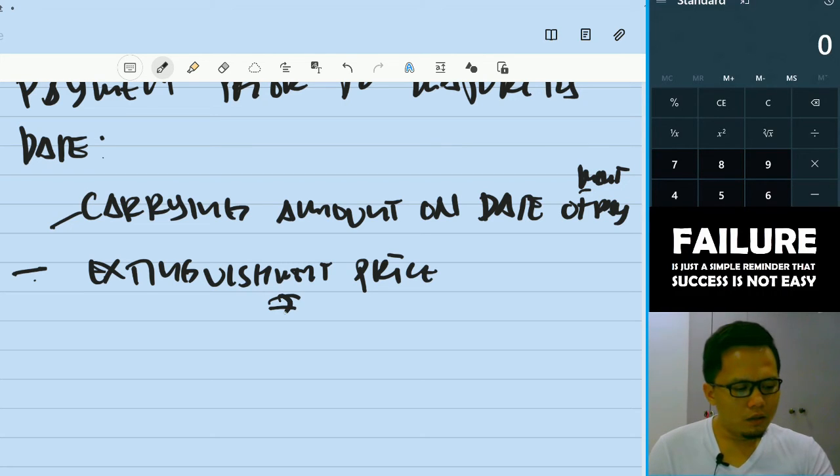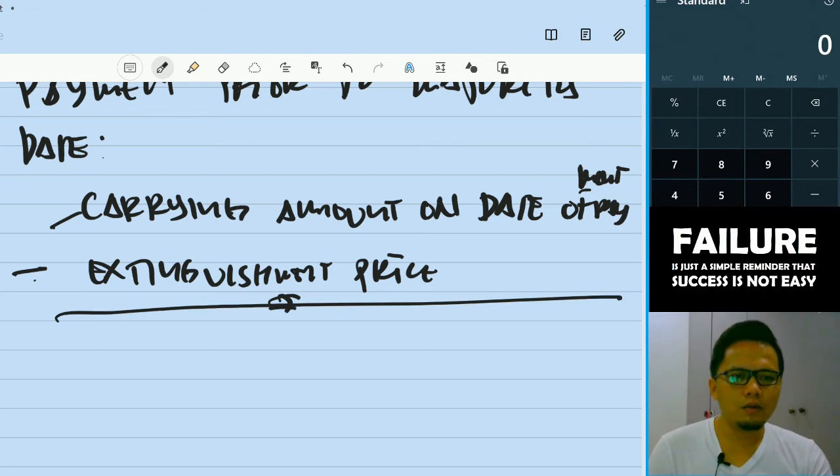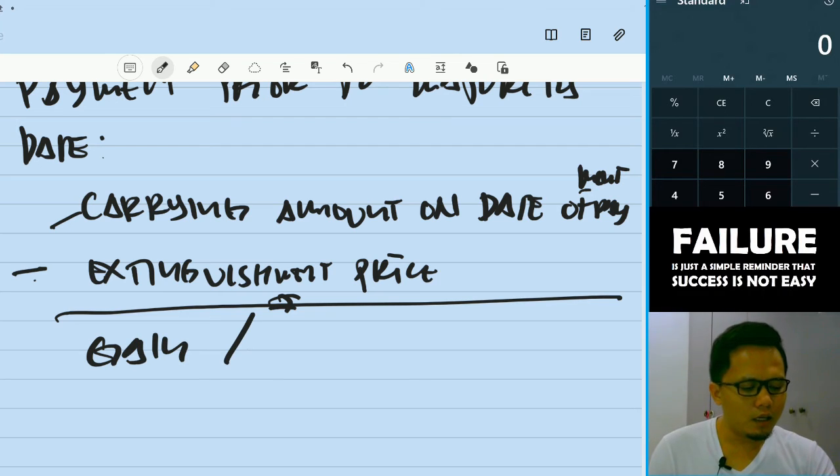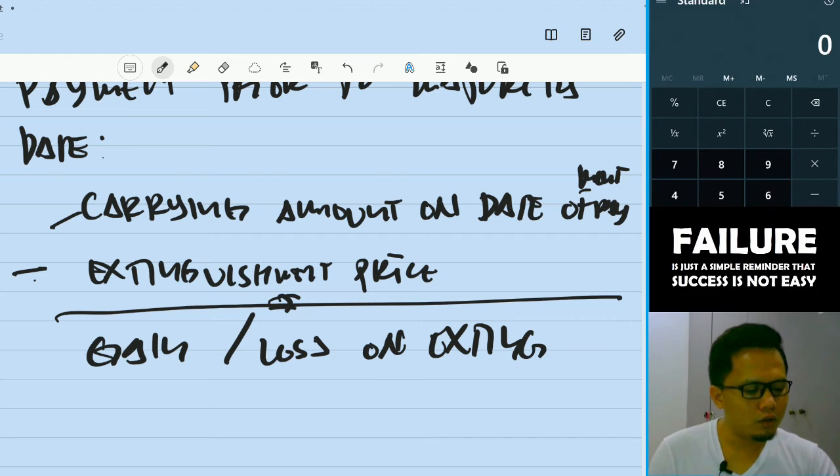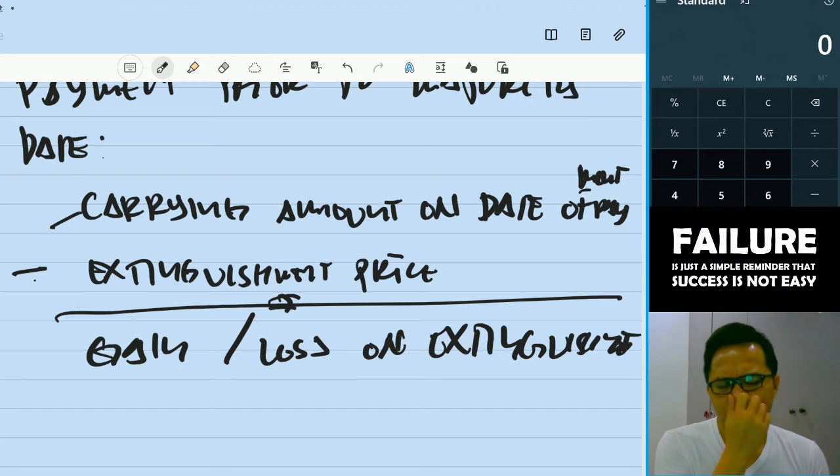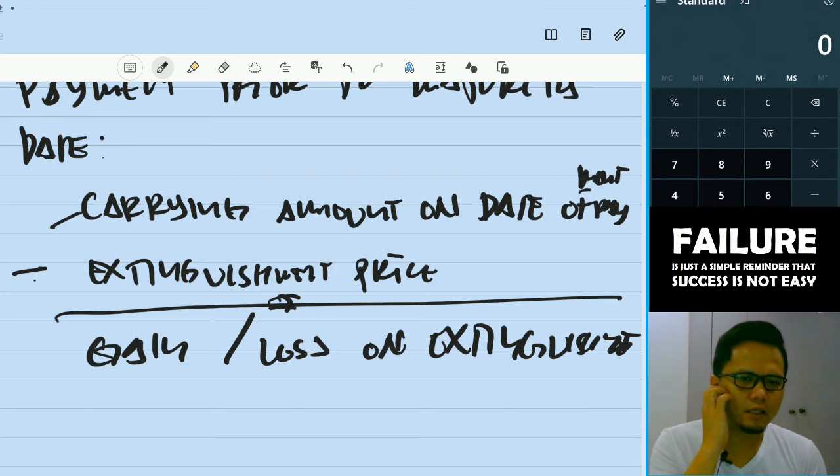Compare it with the extinguishment price, then you'll have your gain or loss on extinguishment. Now, here's the catch.